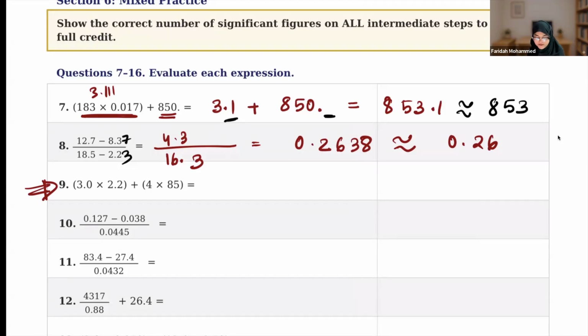Yes, everyone do number 9. Okay, Vivan, let's do it.